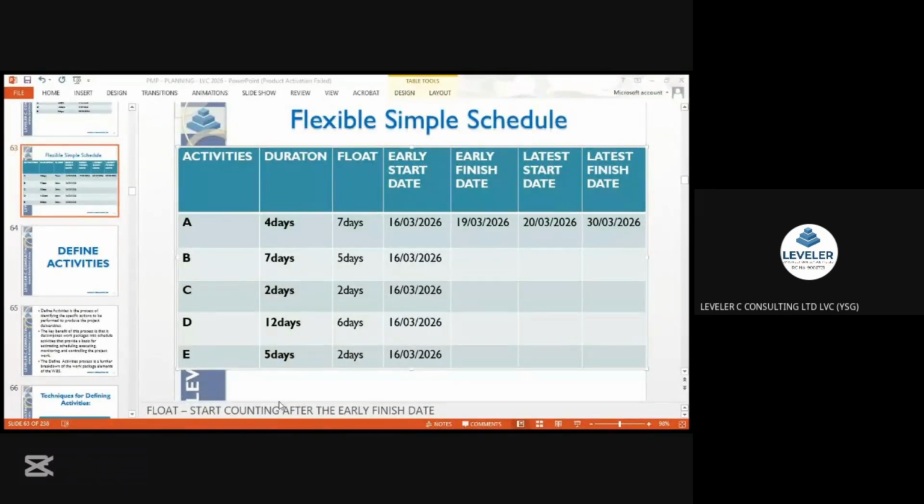But for the float, I think what we did was we started counting from the early finish date. We started counting the 7 days from that day. I think Rose was trying to point that out to us, but I don't know how we missed it.